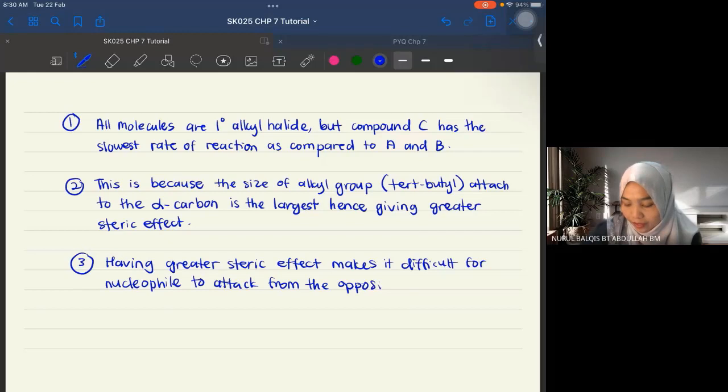Okay, boleh ikut saya the explanation here?